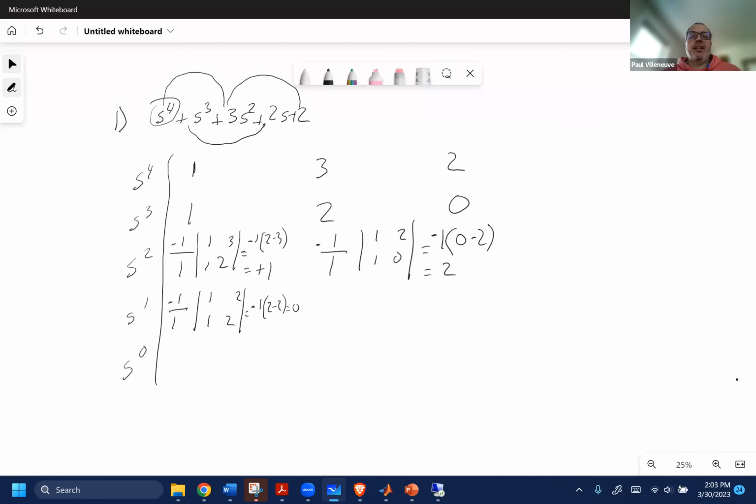My next step is -1 over 1 times the determinant of, let's see, 1, 1, and 2, 2, sorry, not 2, 0, apologize. I've got to grab that one, which is equal to -1 times 2 minus 2, which is equal to 0.